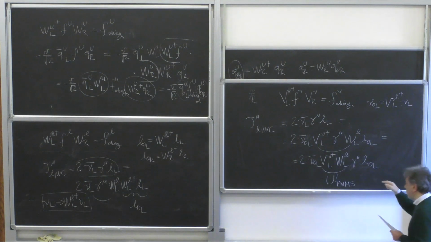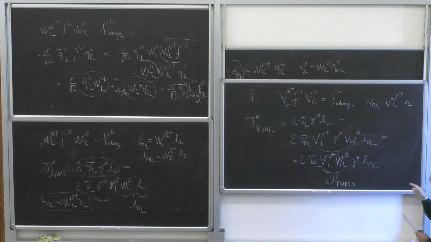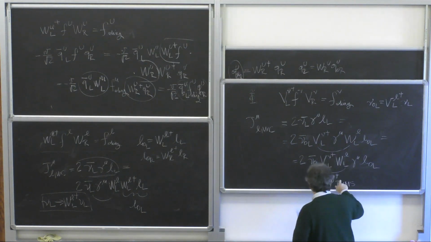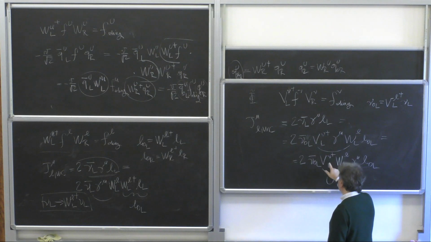These are Pontecorvo, Maki, Nakagawa, Sakata. I don't remember exactly the names, sorry, but this is the mixing matrix for neutrinos.